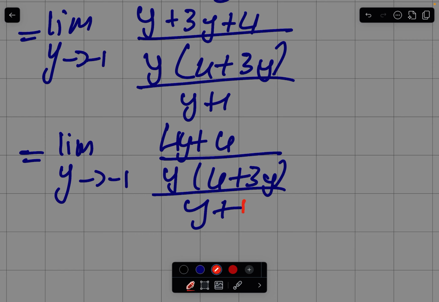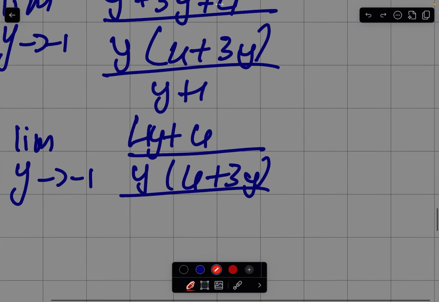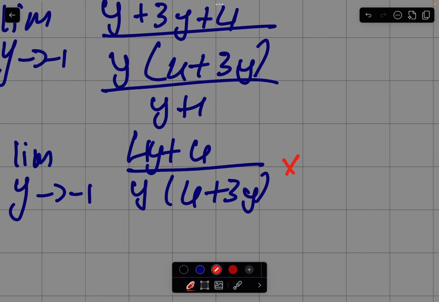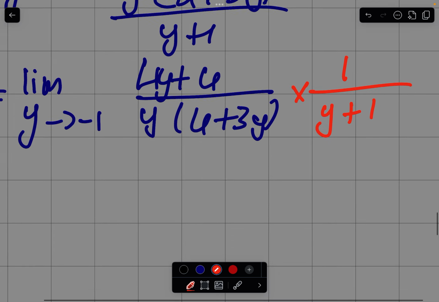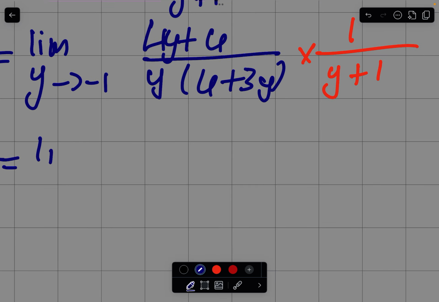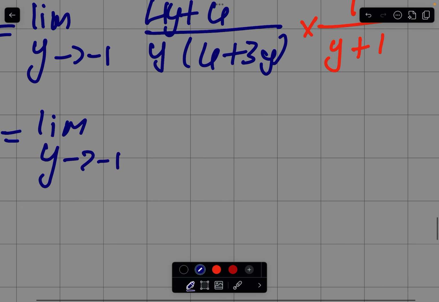So here, you must make a reciprocal. Just take the reciprocal and multiply by the inverse of that thing. If you make the reciprocal here, you are going to have 1 over y plus 1.